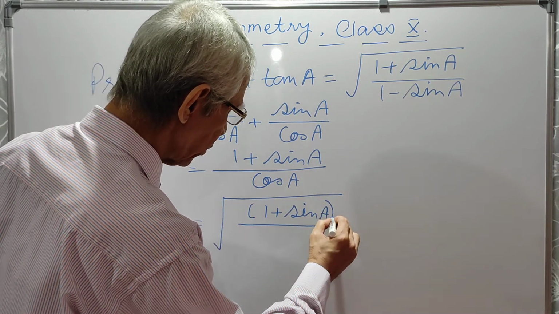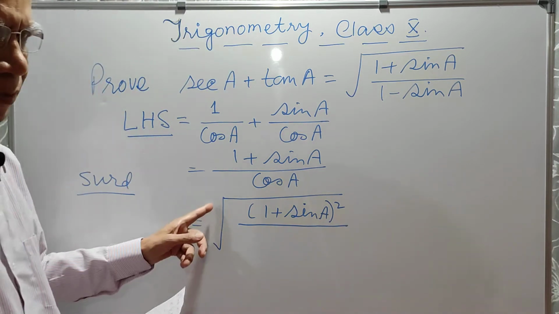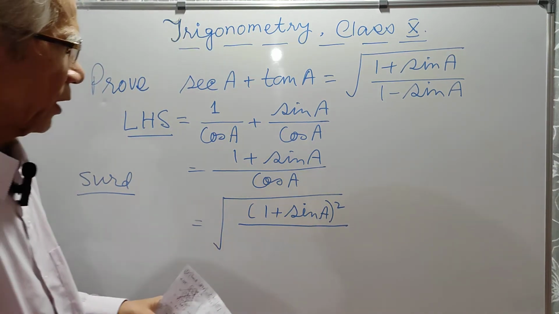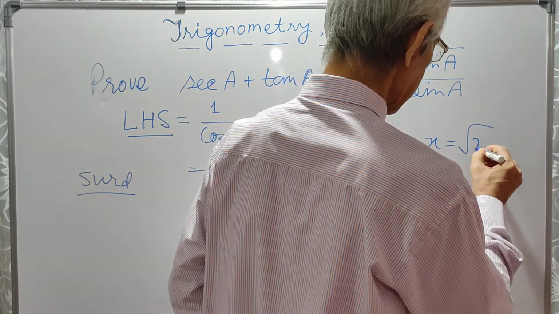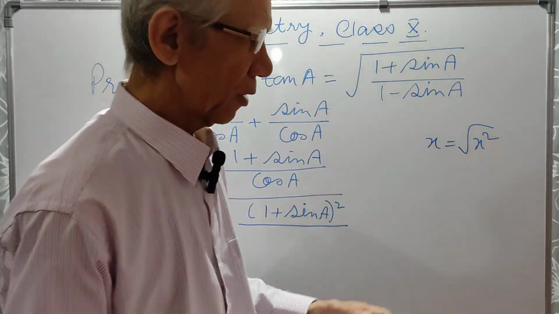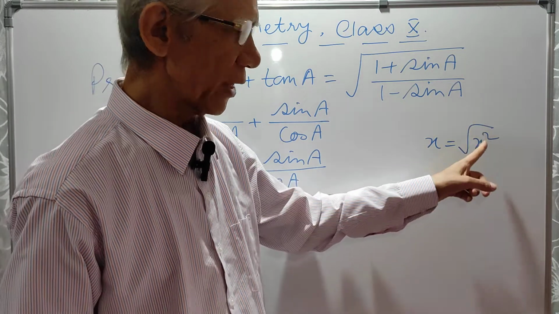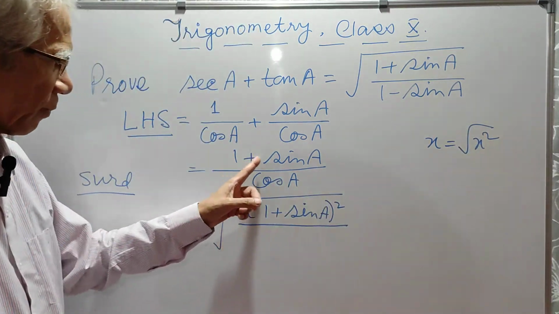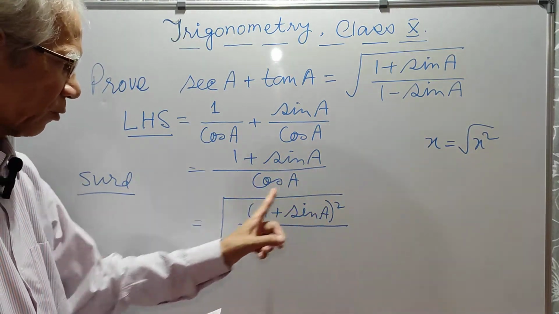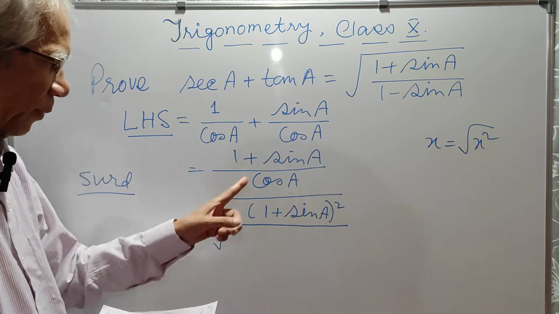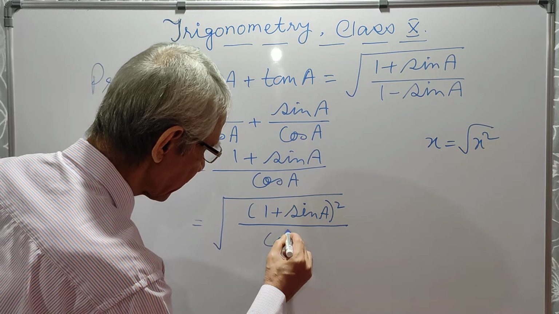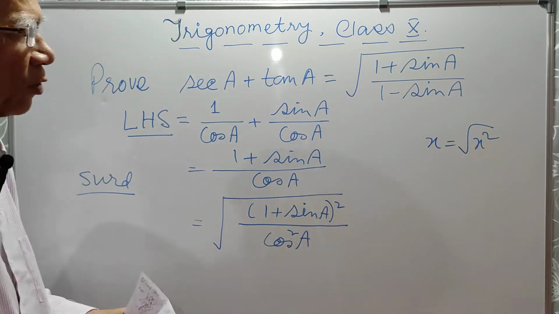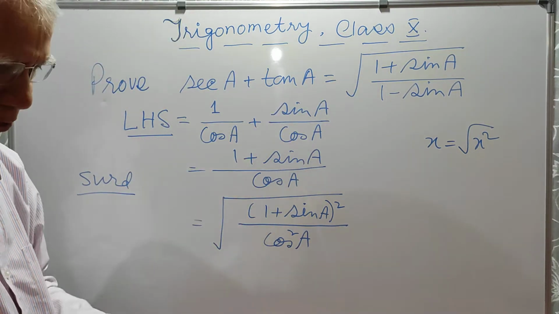Like suppose in place of x, you can write the square root of x square. So in place of 1 plus sin A, what we are writing? Square root of 1 plus sin A whole square. In place of cos A, what we must write? Square root of cos square A. All right. So we have brought this third sign because we need it.